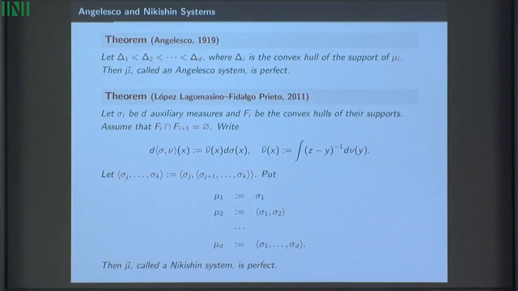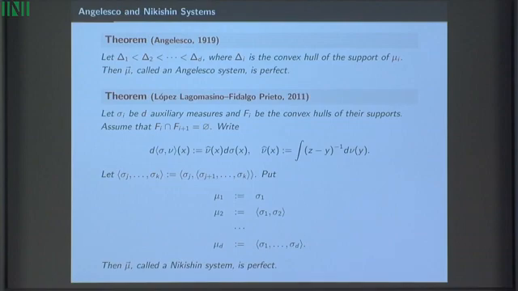The Nikishin product of measures sigma and nu is essentially the measure sigma, but with a weight. And that weight is the Markov function of the measure nu. So you take measure sigma and modify it by the weight, which is the Markov function of the other measure. And then you can keep on building in this way. If you have three measures, the Nikishin product of sigma, nu, and mu, you take the Markov function of mu and use it as a modification of the measure nu.